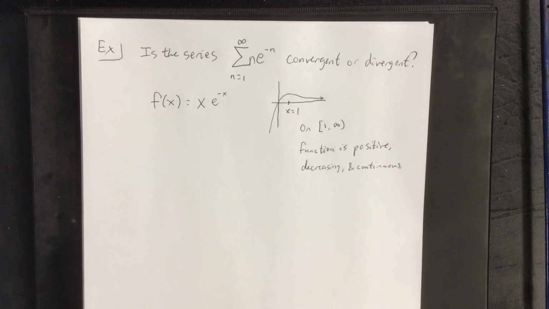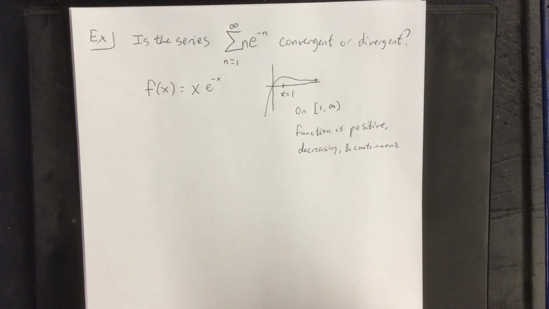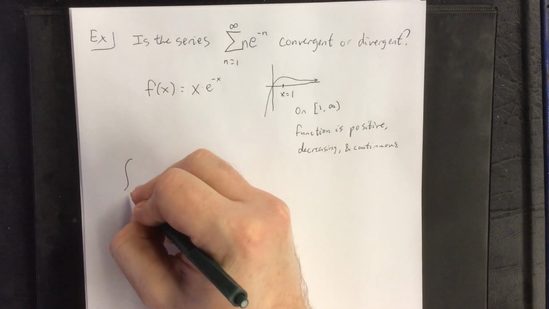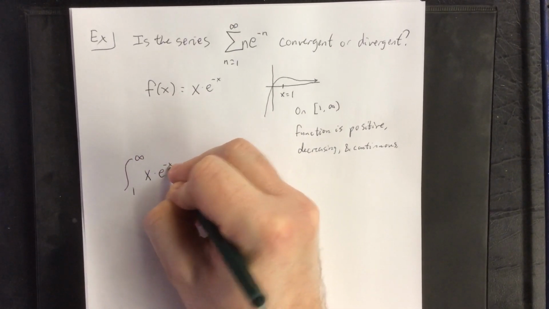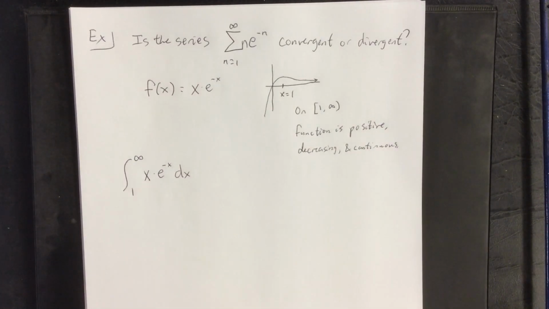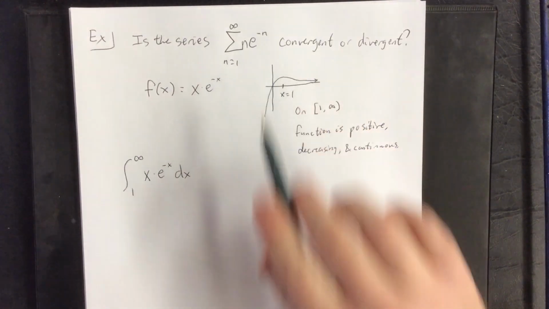Therefore, we are allowed to use the integral test for this. So if we can determine the convergence or divergence of the following integral, we will be able to determine the convergence or divergence of the given series.